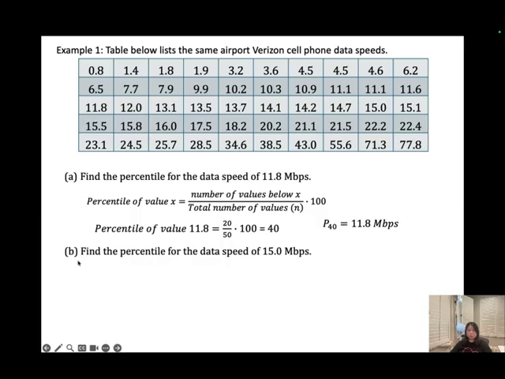Now, let's try this one. B. Find the percentile of the data speed of 15. So 15 is like here. I want you to try to do it by yourself. Count how many data are below it, divide by the total number of data, and then times 100.